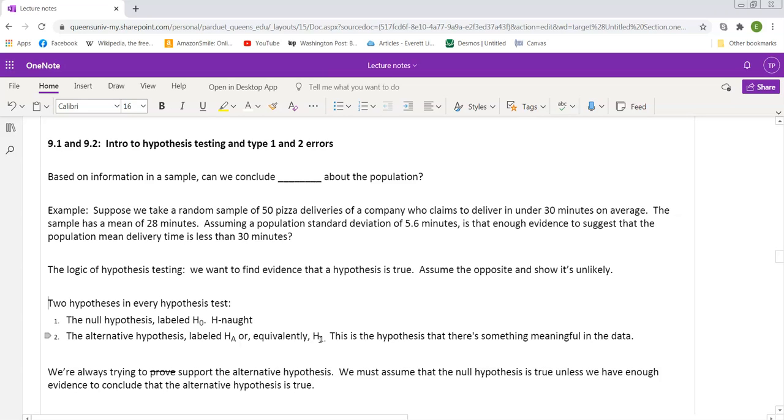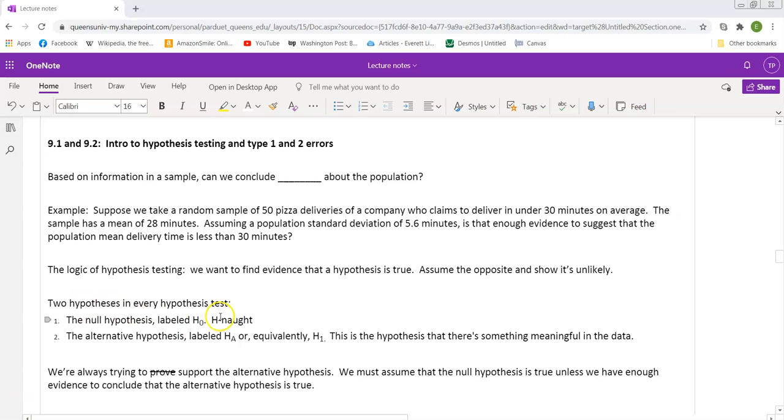And there's not any logic or reason behind why I would choose one or the other in a given moment. So the alternative hypothesis, this is the hypothesis that you're looking to demonstrate. This is the one you hope is true, or in this case, the pizza delivery company hopes is true.